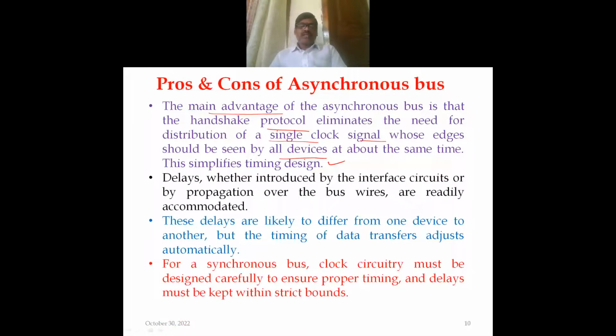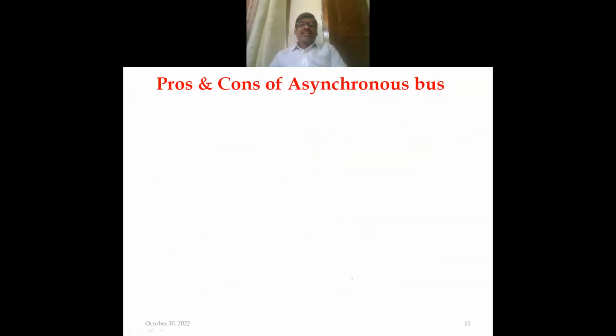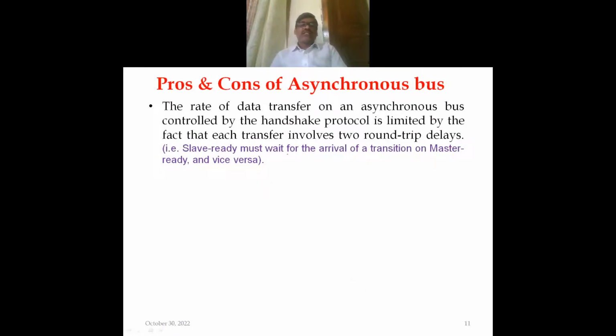So for a synchronous bus, clock circuitry must be designed carefully to ensure proper timing, and delays must be kept within strict bounds. The rate of data transfer on an asynchronous bus controlled by the handshake protocol is limited by the fact that each transfer involves two round trip delays. That is, slave ready must wait for the arrival of a transition on master ready and vice versa.